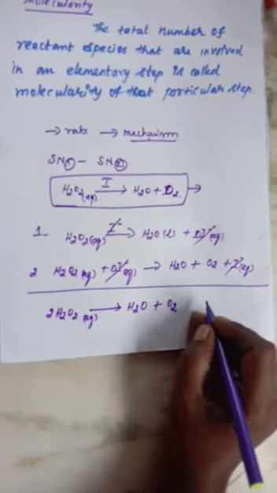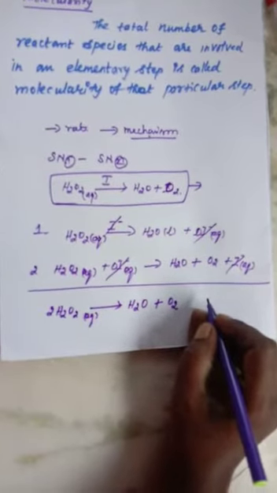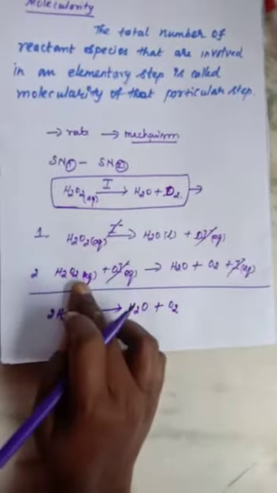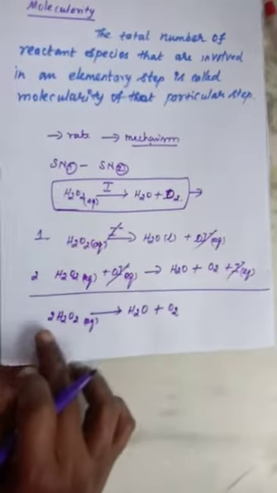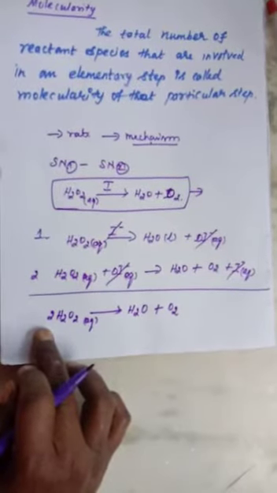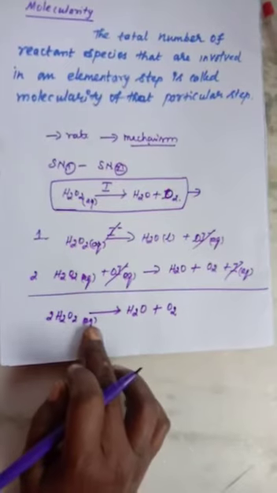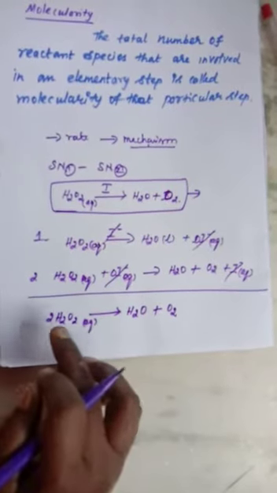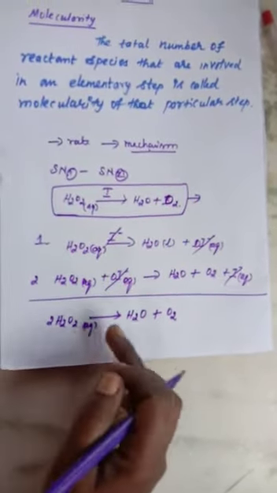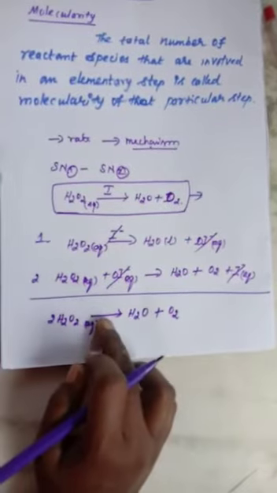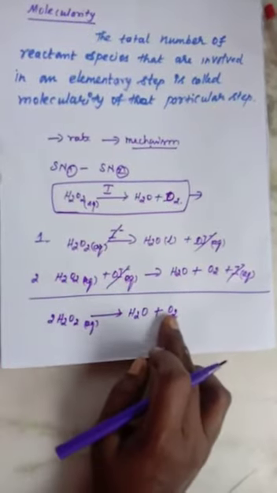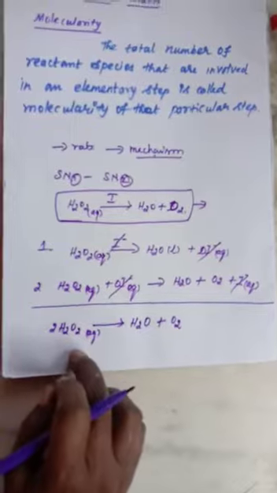These two reactions are elementary reactions. Adding these two equations, first and second equation, gives the overall reaction. Since it involves both the concentration of the H2O2 and also the catalyst we are adding, iodine, this reaction is considered as a bimolecular reaction.